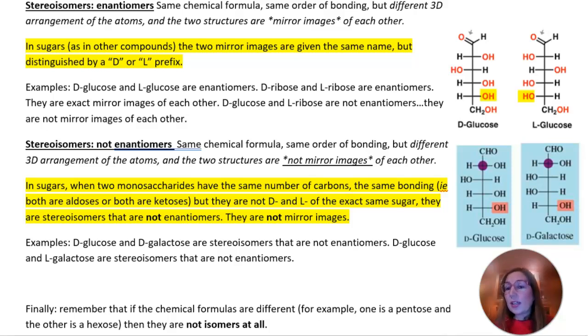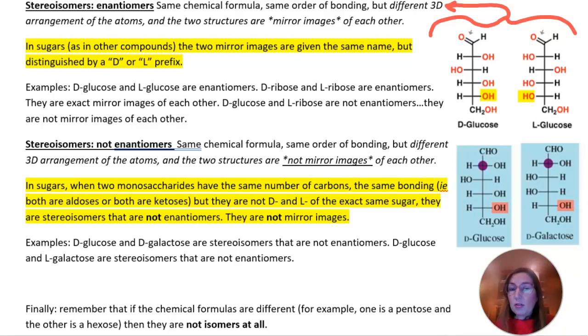So this was like having D-glucose versus L-glucose. These molecules have the exact same molecular formula and they have all the same functional groups. They actually have the same order of their bonding. All they differ in is their 3D arrangement in space.